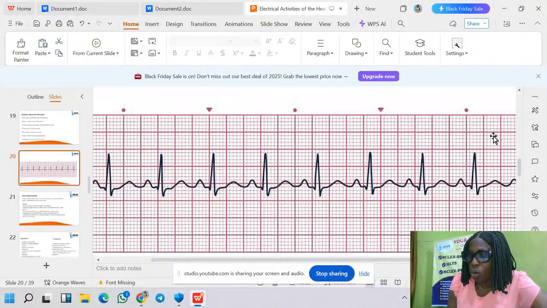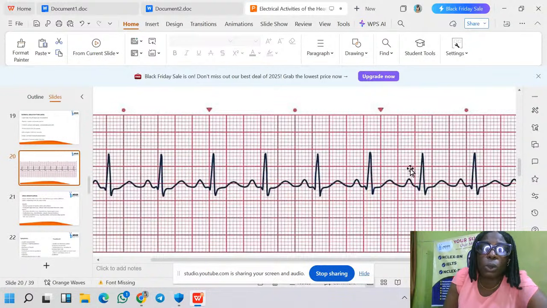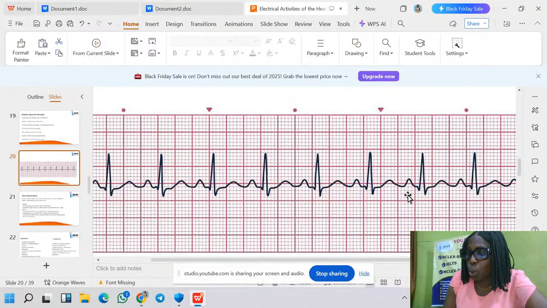What is the normal pulse rate for NCLEX? I'm waiting for your response. 60 to 100. Thank you. So this patient is having 100, meaning the pulse is good.